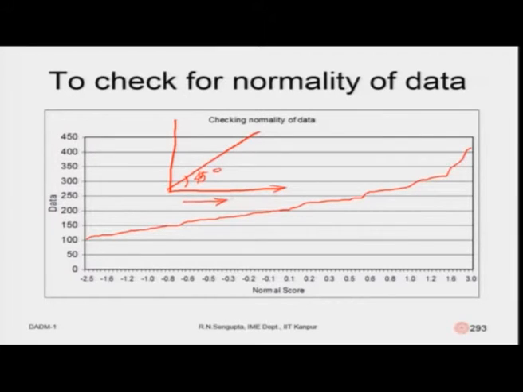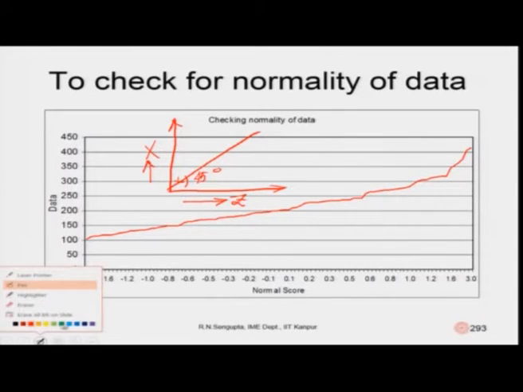Along this you have z and along this you have x, which is unknown, and if these values match. So, if the quantile values are along a 45 degree line, then obviously the quantile plots are the same, hence it is a normal distribution for x also.